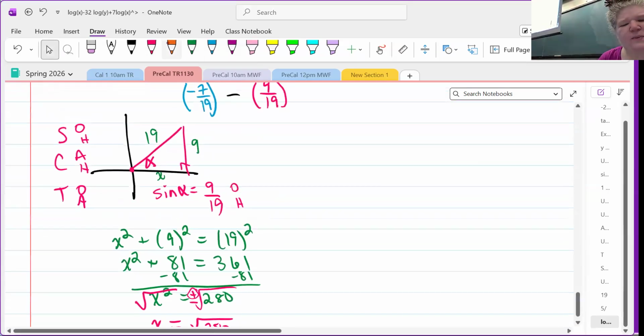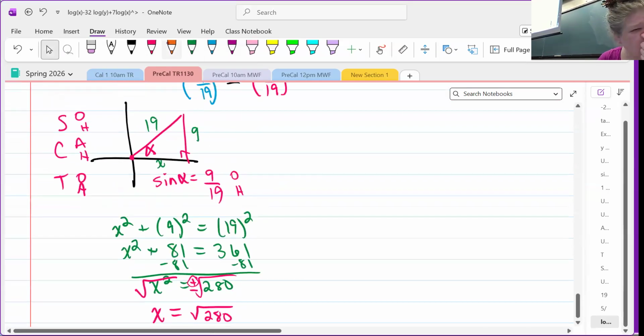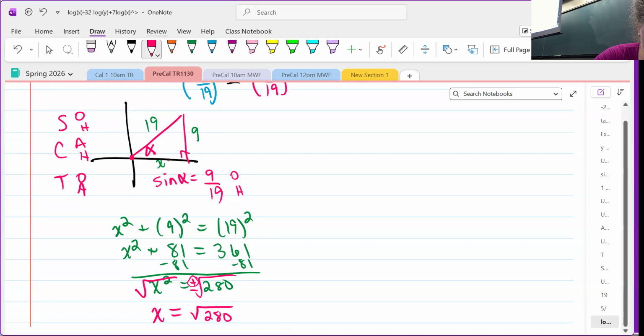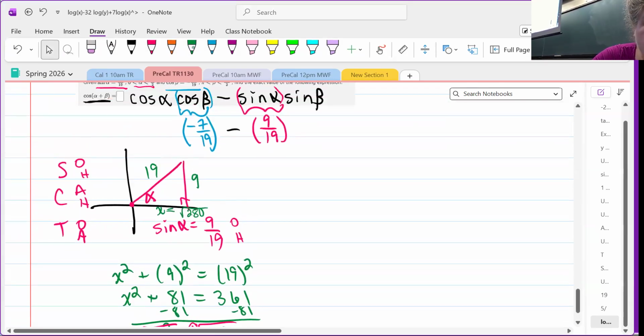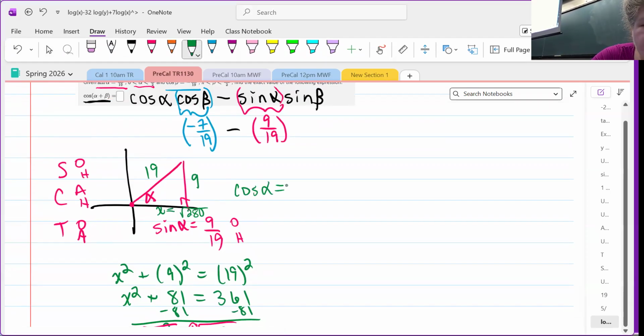In the past, WebWork has made us reduce that square root, but on this one, it'll work with it. So now that I know x is the positive square root of 280, I know what cosine alpha is. Cosine alpha is that adjacent side, square root of 280, divided by the hypotenuse of 19.